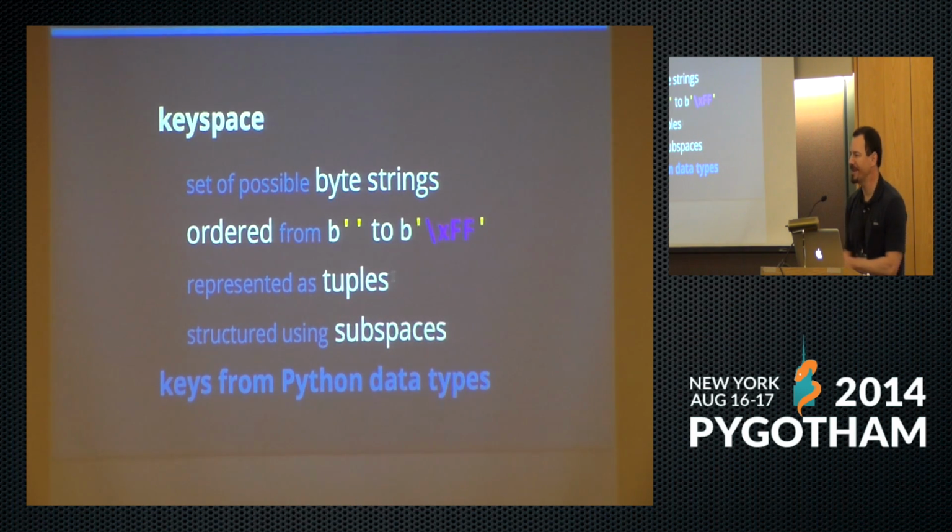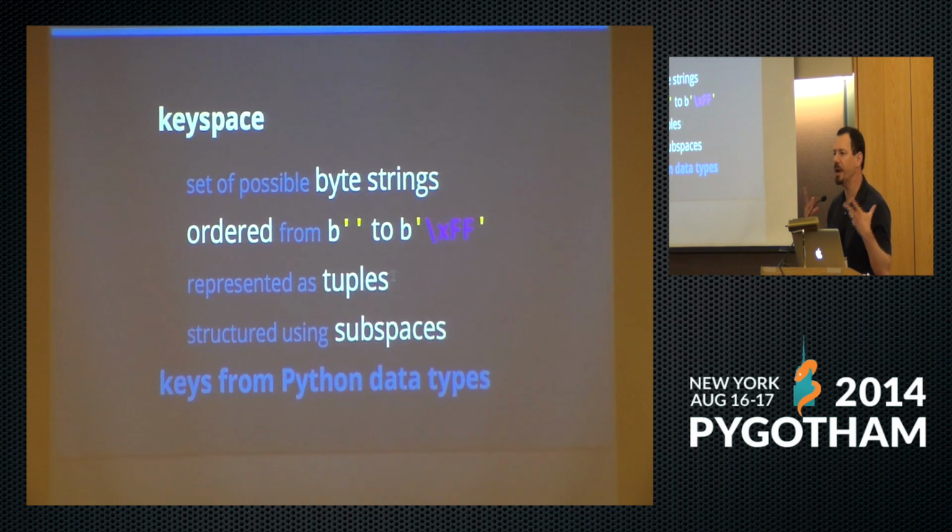Okay. Let's talk a bit about keyspace in FoundationDB, how it's organized. Keys are simply byte strings. Keys and values are both byte strings. They're all ordered in the obvious way. Now, obviously, when we work with data, like in Python, we typically don't want to work exclusively with byte strings. That would be rather unpleasant.